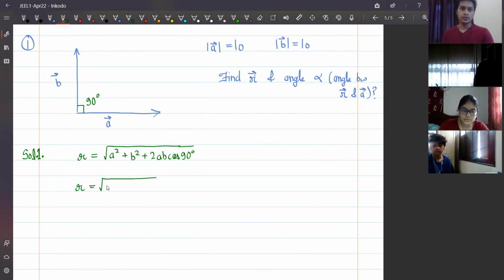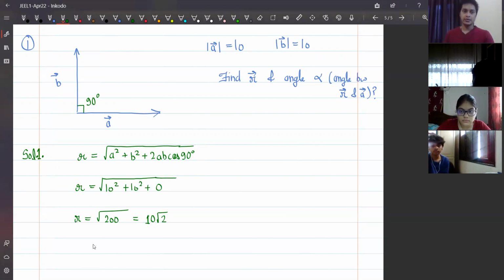So this is just A is 10 square, B is 10 square plus 2 into 10 into 10 into 0, that will be 0. So this can be written as root over 2 into 100, that is 200. So I'll just write it as 10 root 2. No need to solve for root 2 and write all that. Is it clear? R will be 10 root 2.